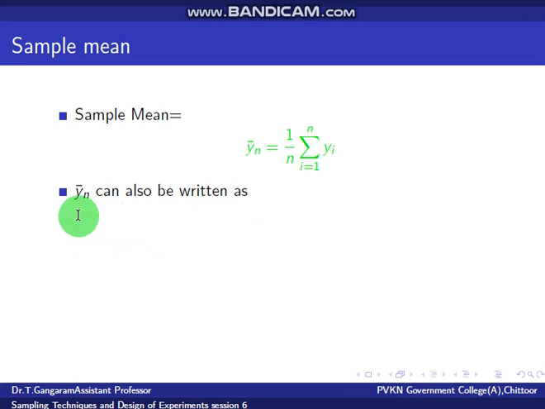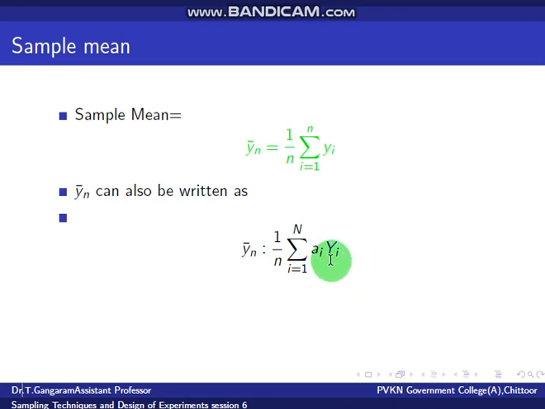This small y bar n can also be written as y bar n is equal to 1 by n, because there are n units in the sample, into summation i is equal to 1 to capital N of ai into yi, since we can write this small yi as ai into Yi.